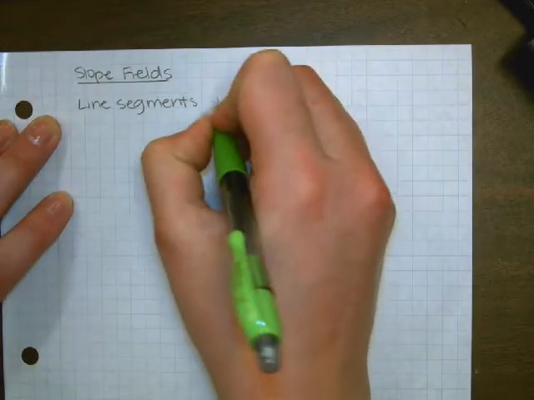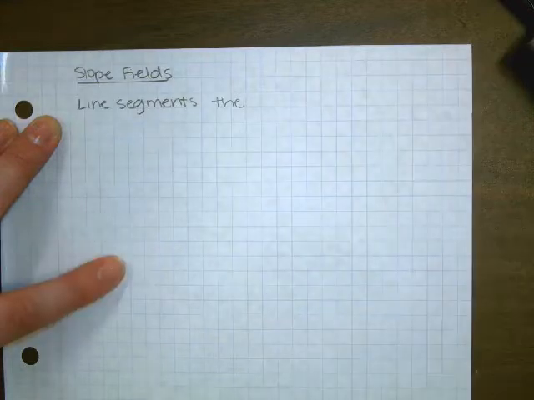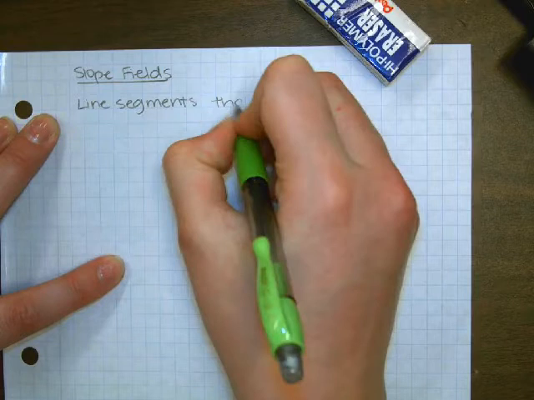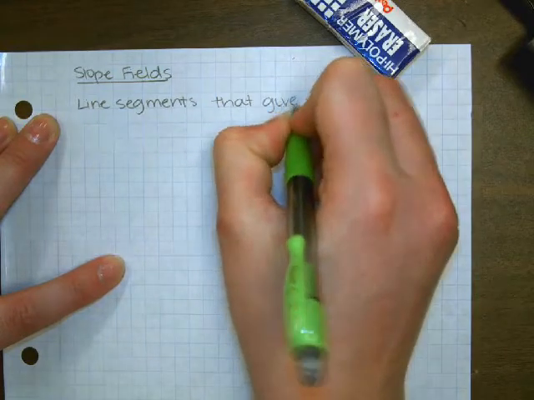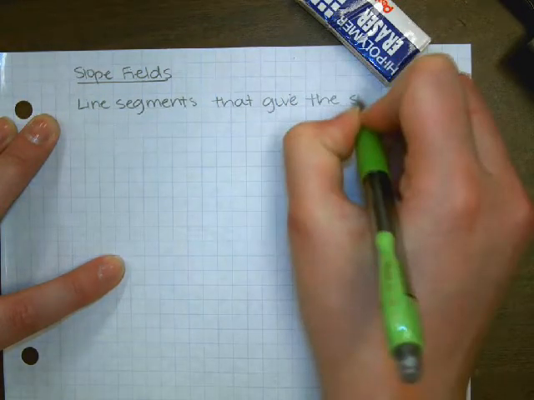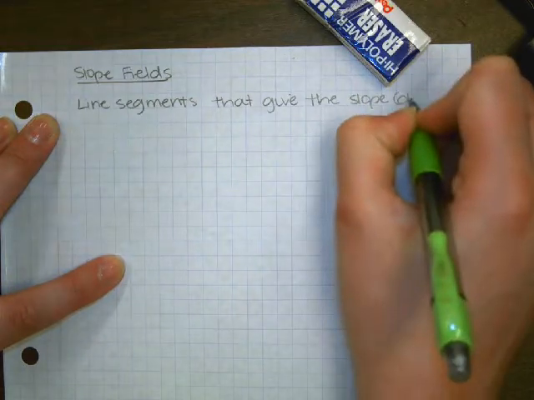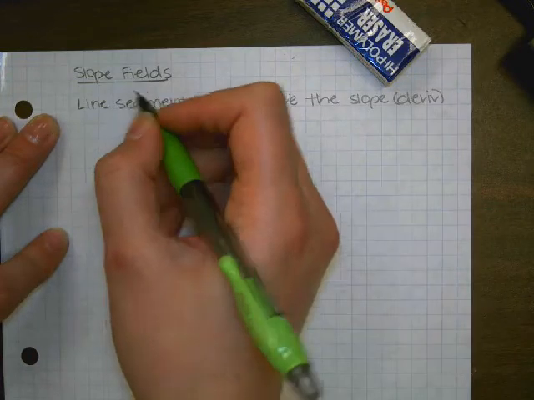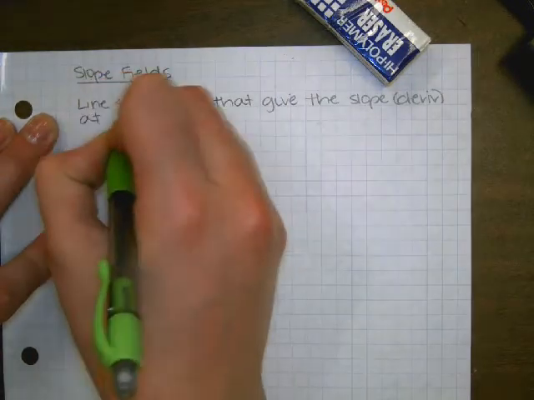Slope fields are line segments that give the slope, aka the derivative. So line segments that give the slope or the derivative at specific points.